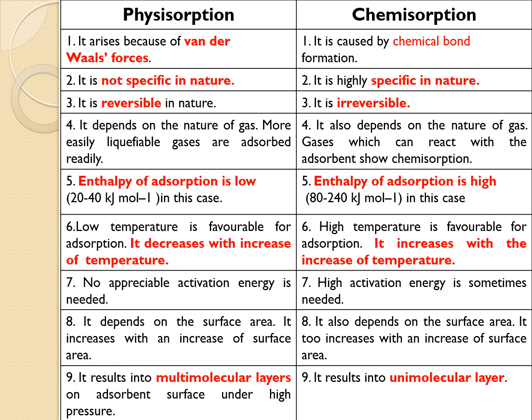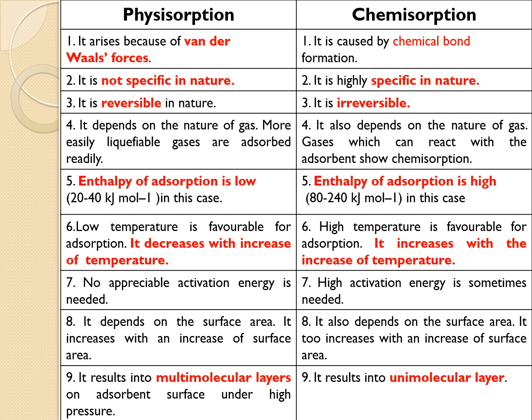Physisorption depends on the nature of gas. More easily liquefiable gases are adsorbed readily. In chemisorption, it also depends upon the nature of gas. Gases which can react with the adsorbent show chemisorption.